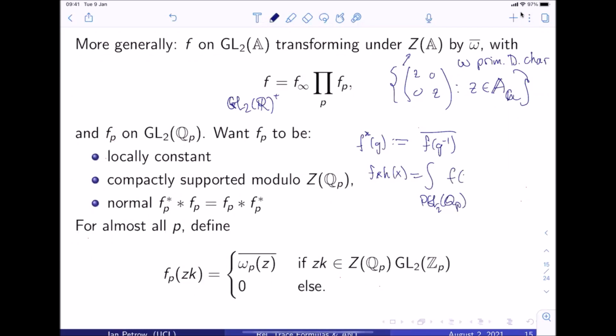So it's going to be f of Y H of X Y inverse dy. Okay, so the point of this is that this operator is normal, so I can diagonalize it.